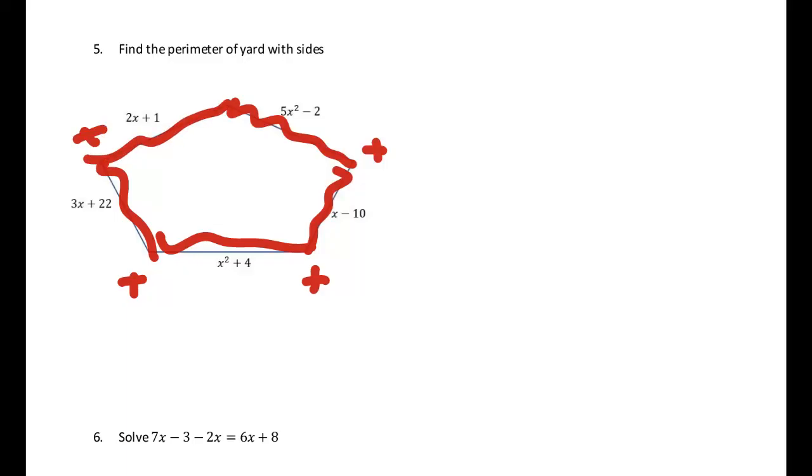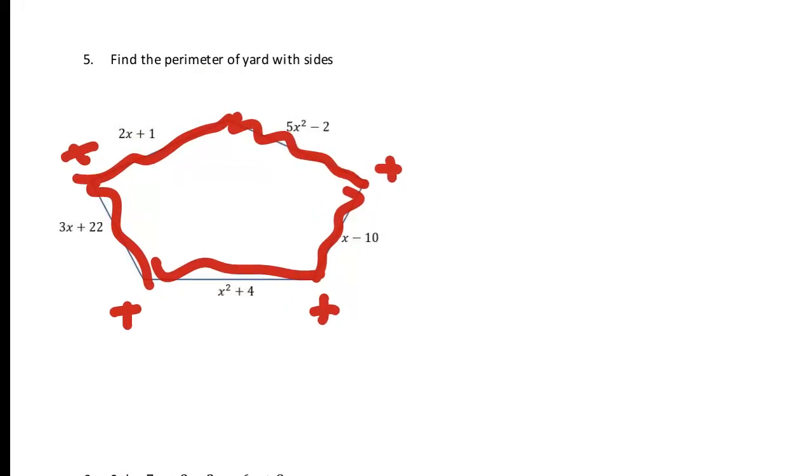But instead of doing each of these differently and adding them side by side, we're going to do it a little bit differently because I see that I have different types of numbers here. Okay, so I have 5x squared minus 2, x minus 10, x squared plus 4, 3x plus 22, and 2x plus 1.